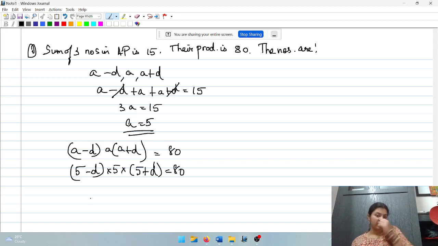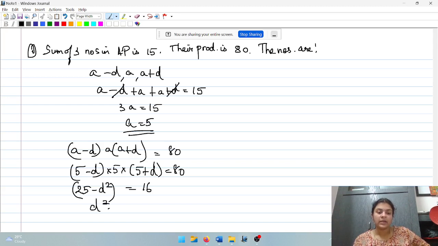So taking 5 on the other side, 80 by 5 will give you 16. So 5 minus D into 5 plus D is 5 square, which is 25 minus D square. 25 minus D square is equal to 16. Therefore D square equals 9 and D equals plus or minus 3.